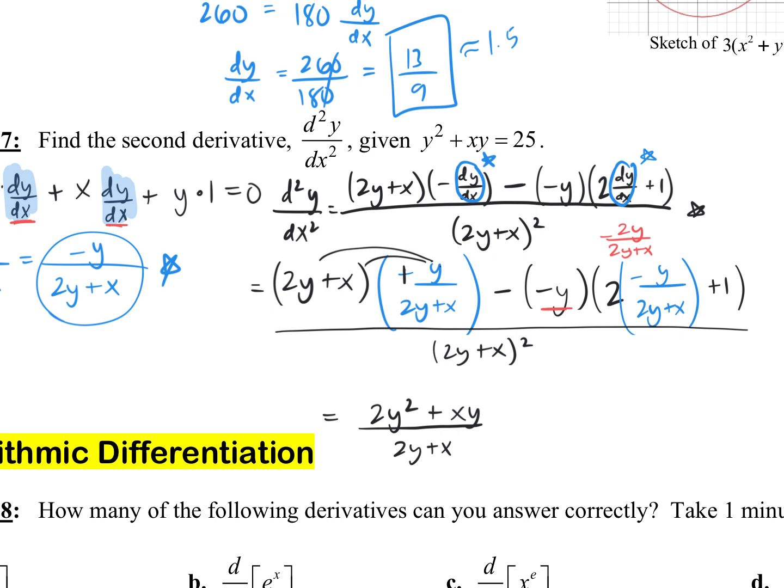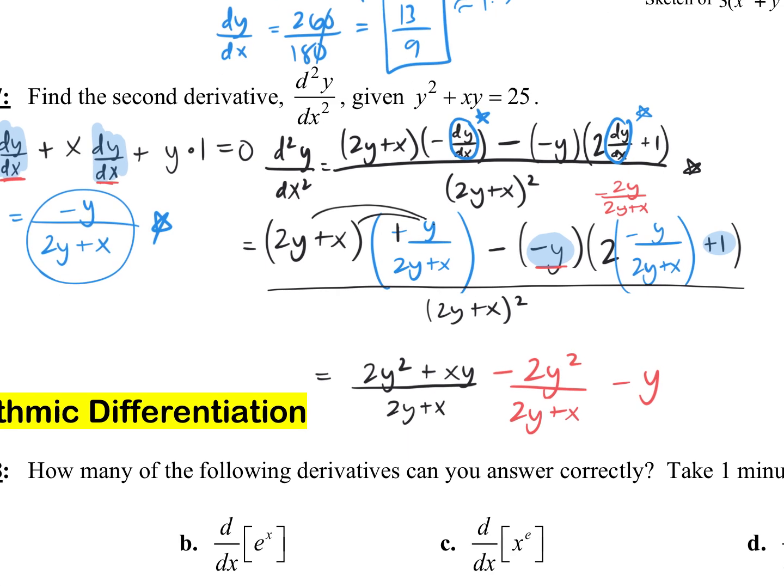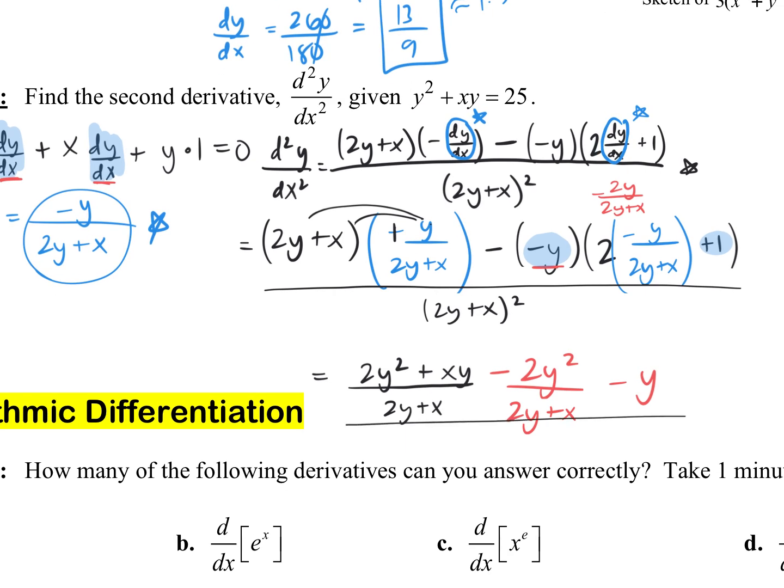So I've got minus, let's see here, positive 2y squared divided by 2y plus x. And then don't I also need to multiply this negative y with this positive 1? Yes? To give me a minus y. And that whole thing is all being divided by your 2y plus x squared.